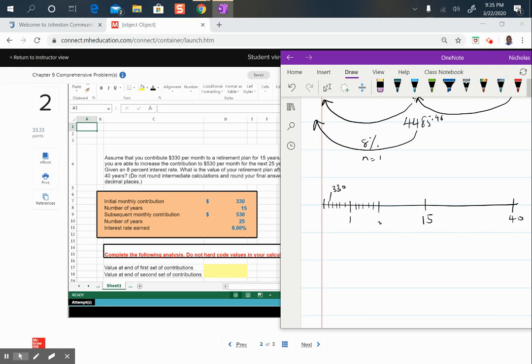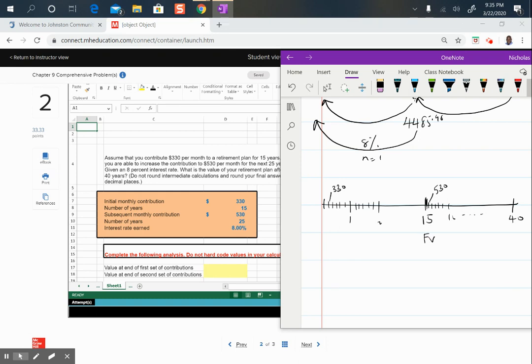After 15 years, you're going to increase your contributions from 330 to 530. So you add $200 more, and that'll be a case of 16, and you keep on going all the way to 40. So the question is asking us to find the first set of contributions, which is basically at the end of the 15 years.